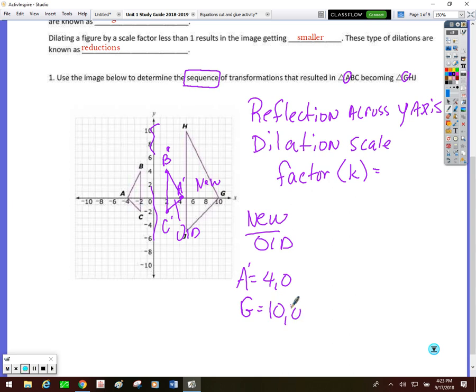If I want new over old, I can't use the zeros, so I'm just going to use the 10. 10 over 4 is my x coordinate, and in my calculator I get 2.5. So the sequence here was a reflection over the y-axis and a dilation by a scale factor of 2.5. It changed direction and got bigger.